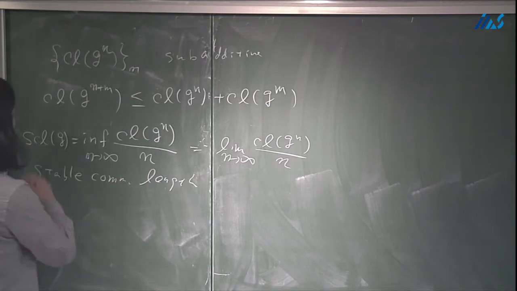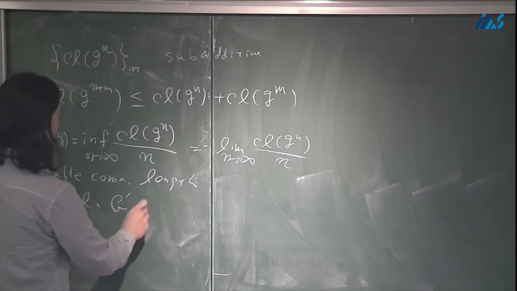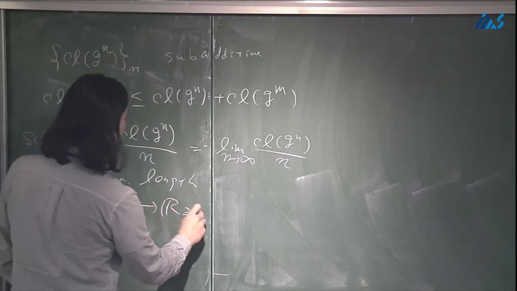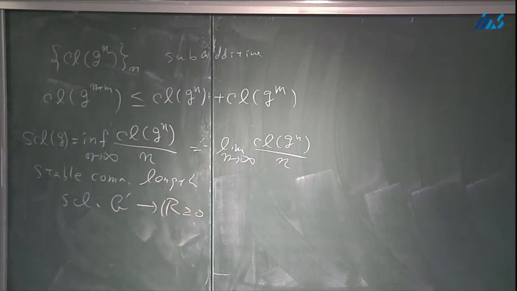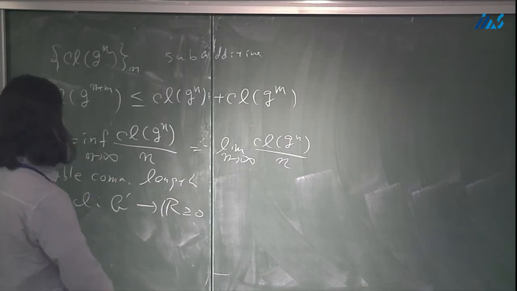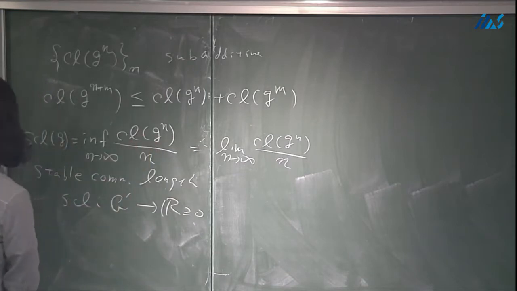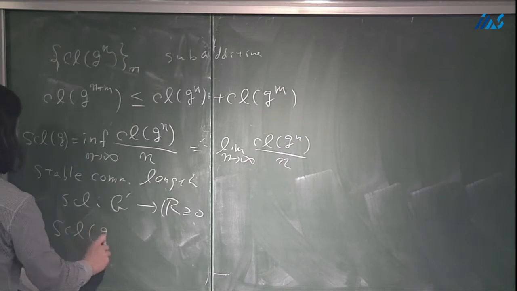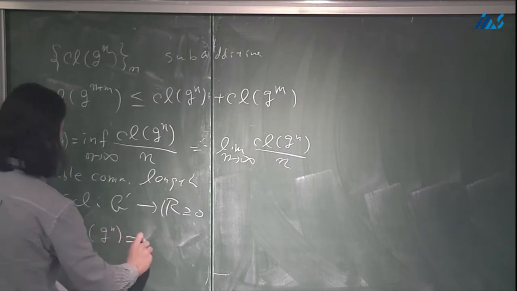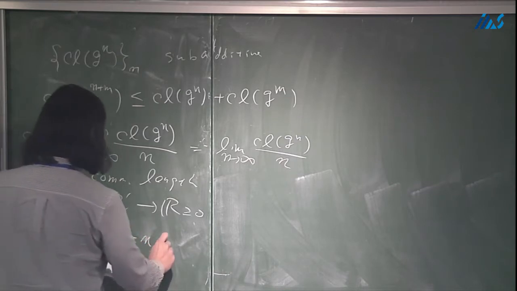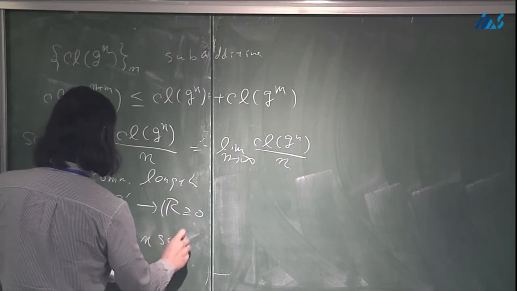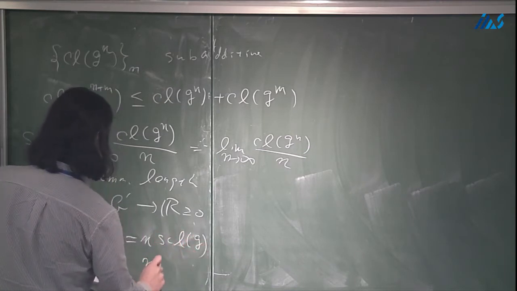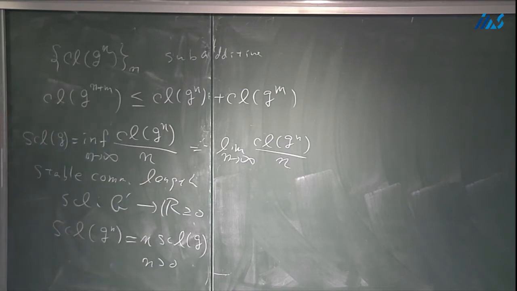So SCL is a function on G prime to non-negative numbers, and the one advantage of going to the limit like this is that this function becomes linear in the following sense. SCL of g to the n is n times SCL of g, just because it goes to the limit in this way.